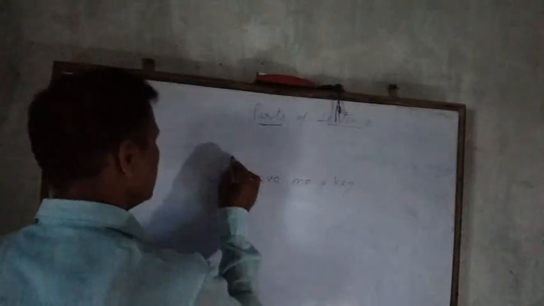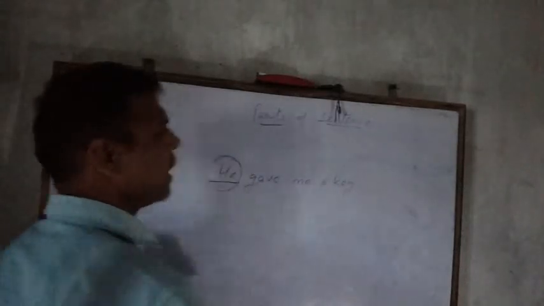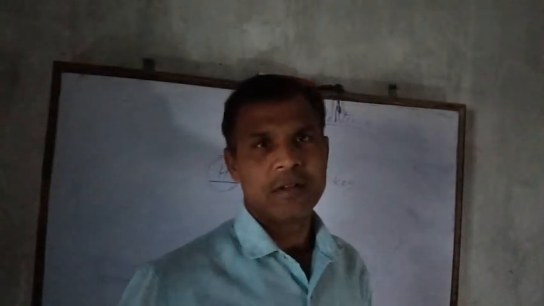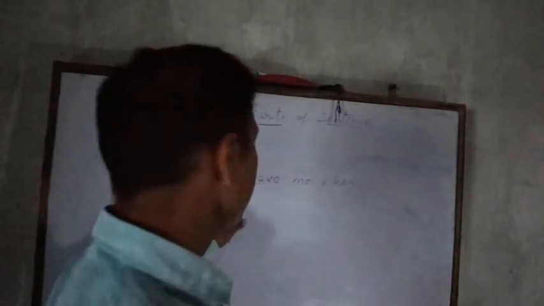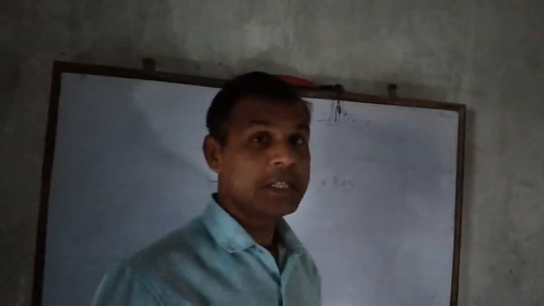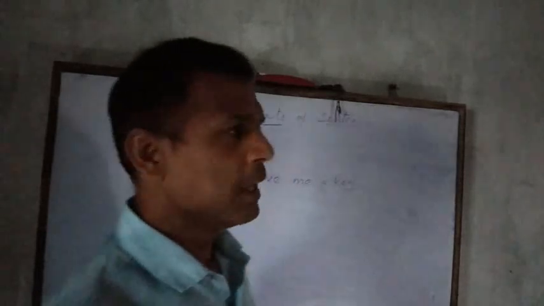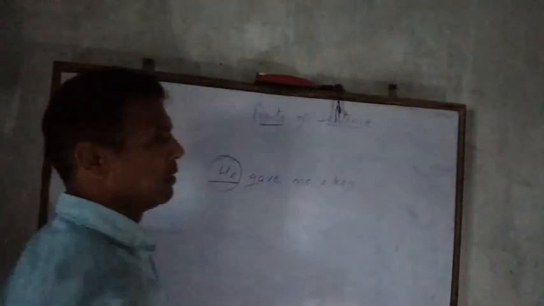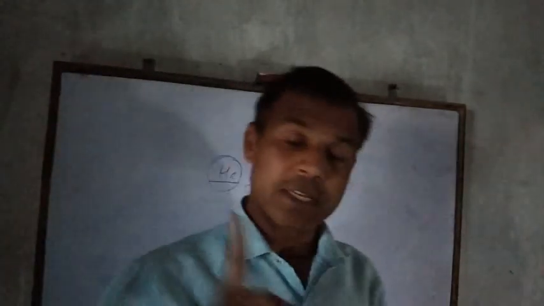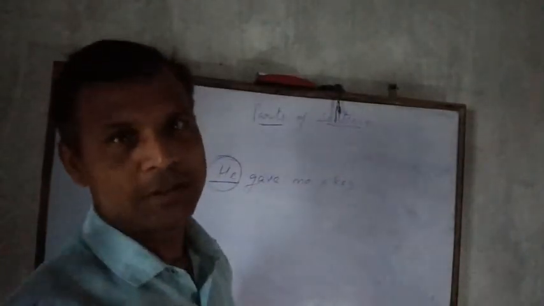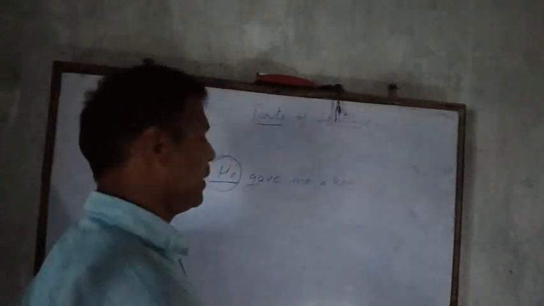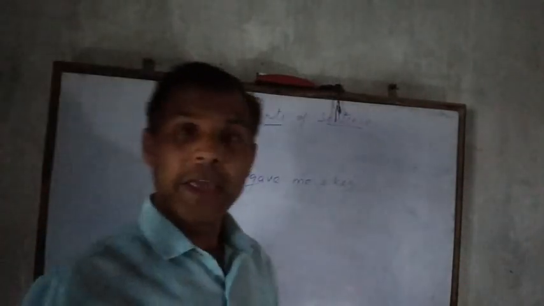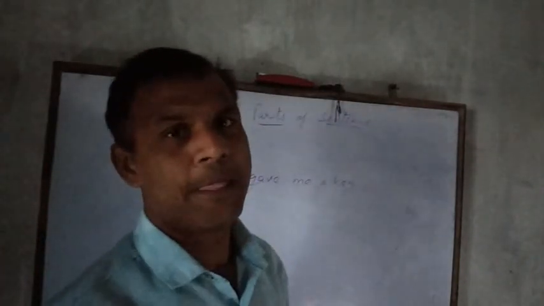So this word is a subject. Now this is a point to be noted that a subject may be a single word and may be many words. एक सब्जेक्ट में एक शब्द हो सकता है या एक से अधिक शब्द भी हो सकते हैं.